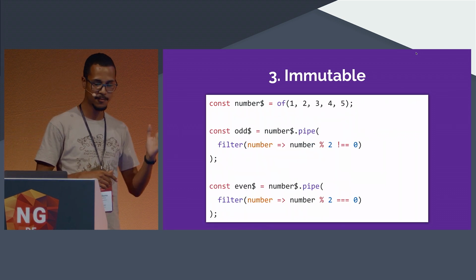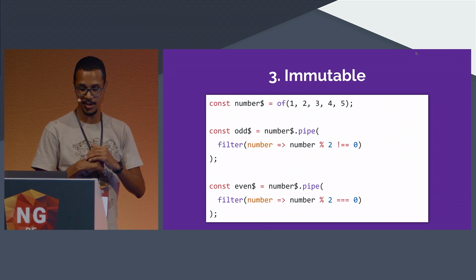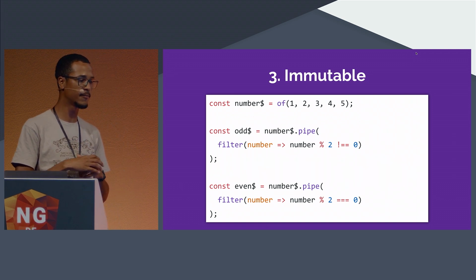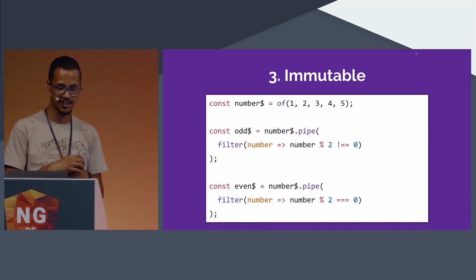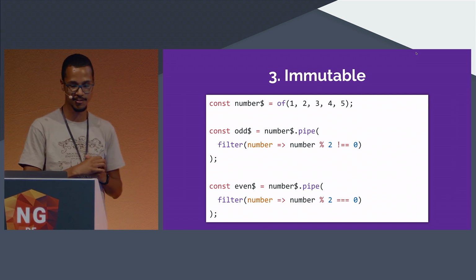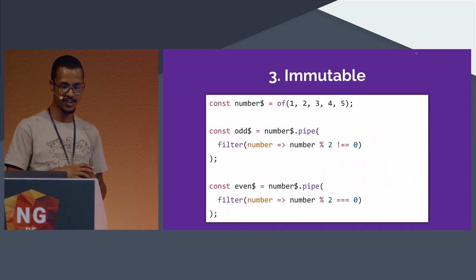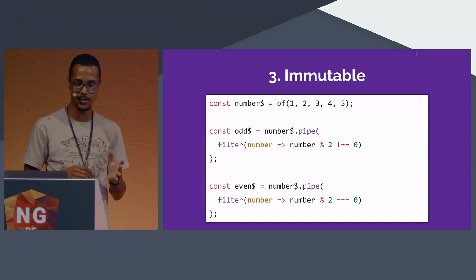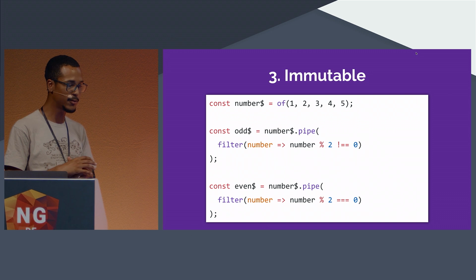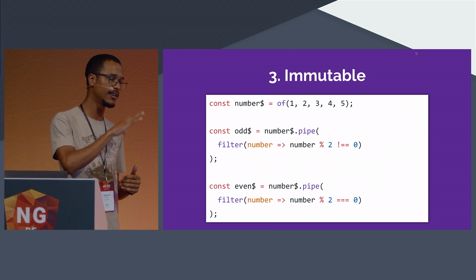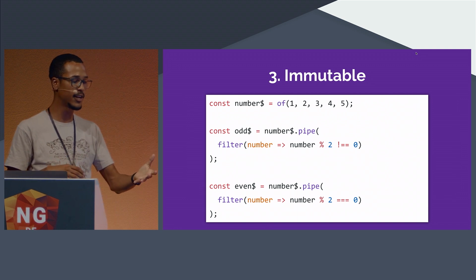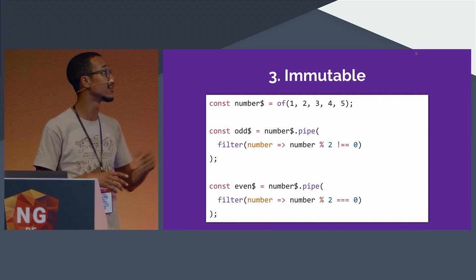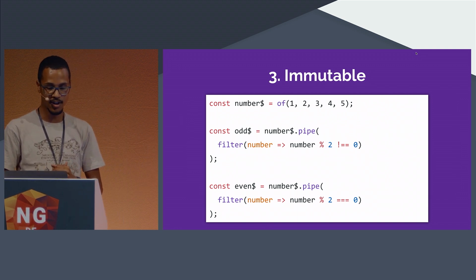This behavior makes it very easy to compose observables, and that's the true power behind RxJS. With this, it is safe to reuse streams and transform them the way we want without interfering with other parts of our application that rely on the original stream, in our case here, numbers.